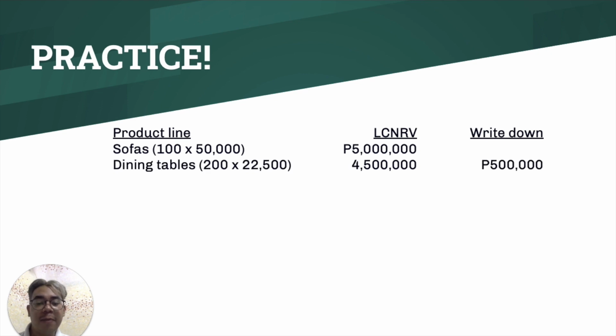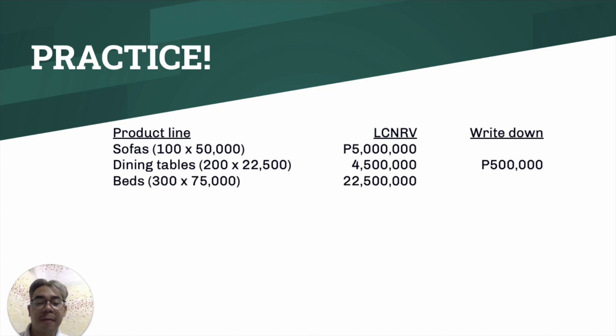For dining table, mas mababa ang NRV, which is 22,500, times the quantity 200, so that would be 4,500,000. And take note, yung cost nito ay 25,000. So from 25,000 to 22,500, meron tayong write down na 2,500 per unit. So dahil may 200 units, 2,500 times 200, ang write down po natin ay 500,000 pesos.